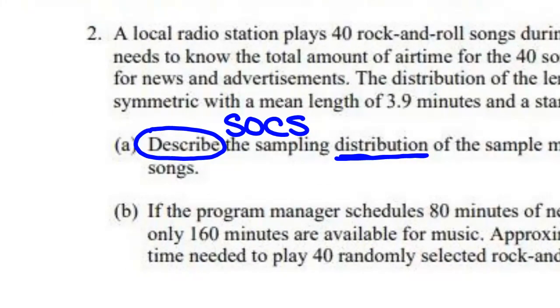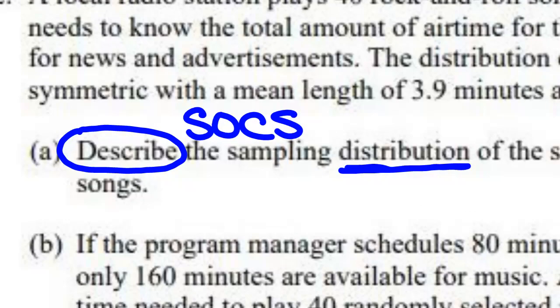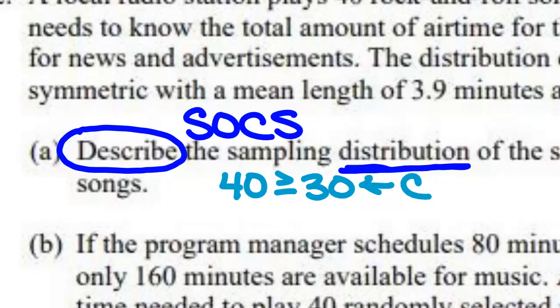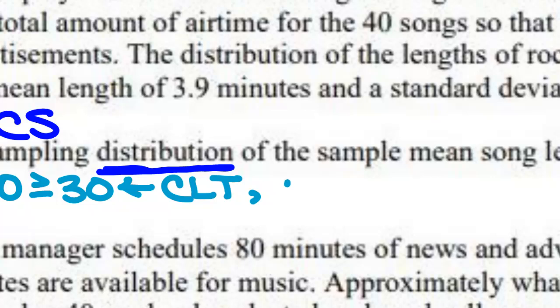What could we say about the shape? Approximately normal. Why? Greater than 30. 40 is greater than or equal to 30. That's the central limit theorem. So it is approximately normal.